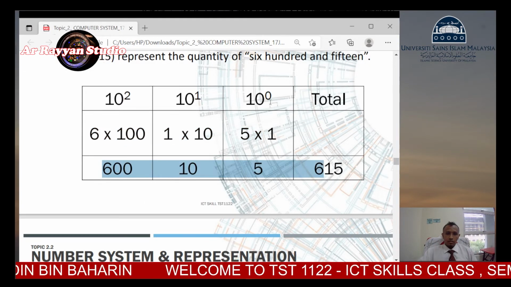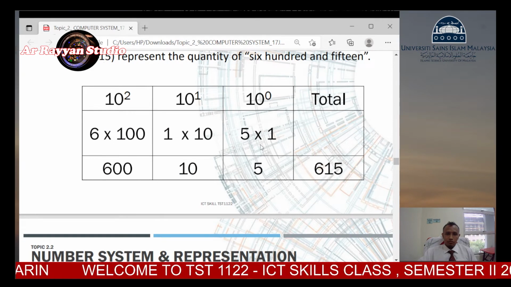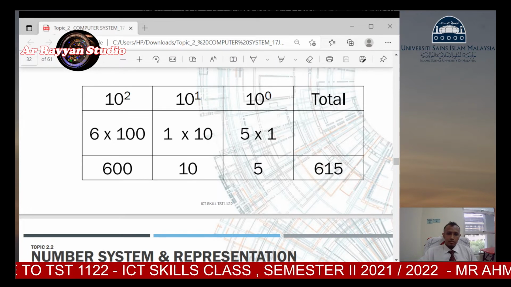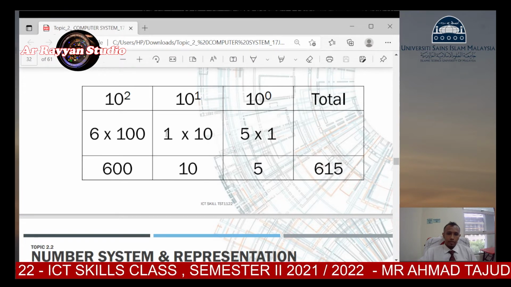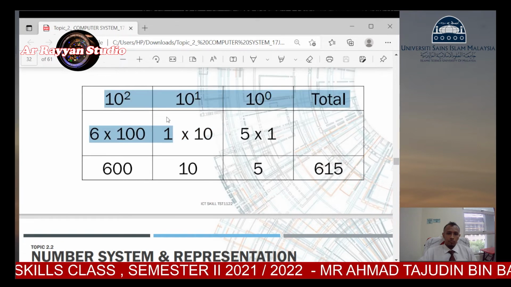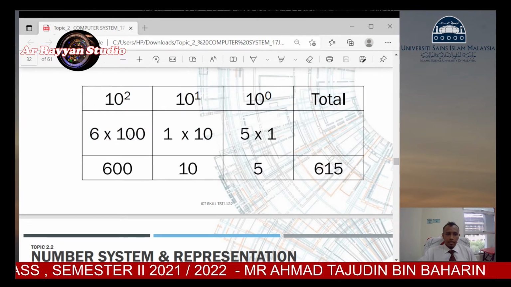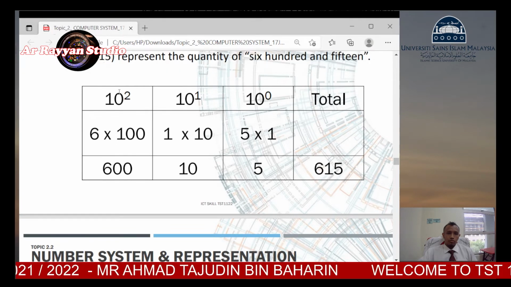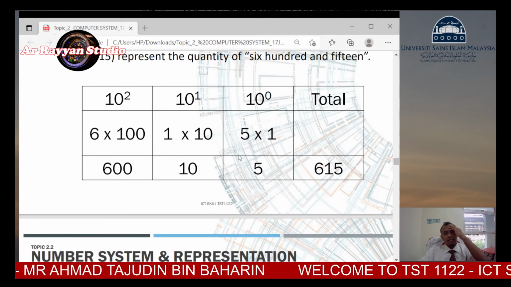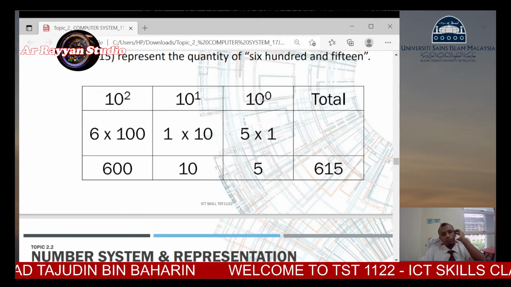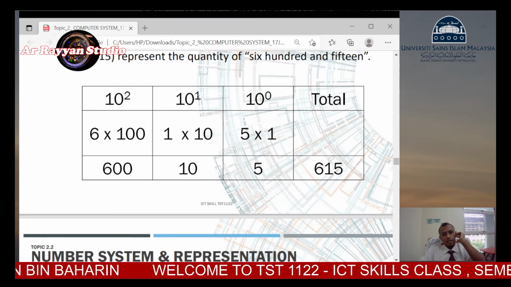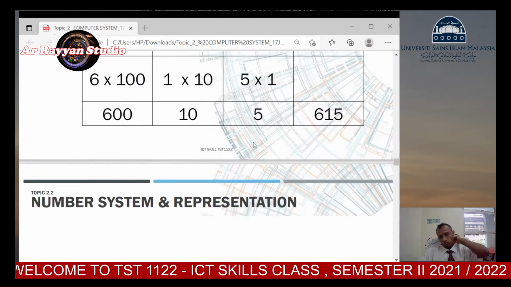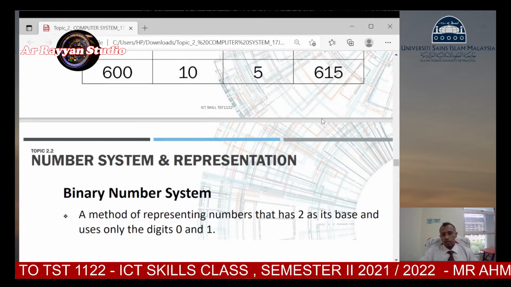Okay, so we can represent like 5 times 10 base 0, then 1 times 10 base 1, and 6 times 10 base 2. I mean, it's not base 2, power of 2. Okay, alright, so 5 times 10 power of 0, 1 times 10 power of 1, and 6 times 10 power of 2. So total 615.